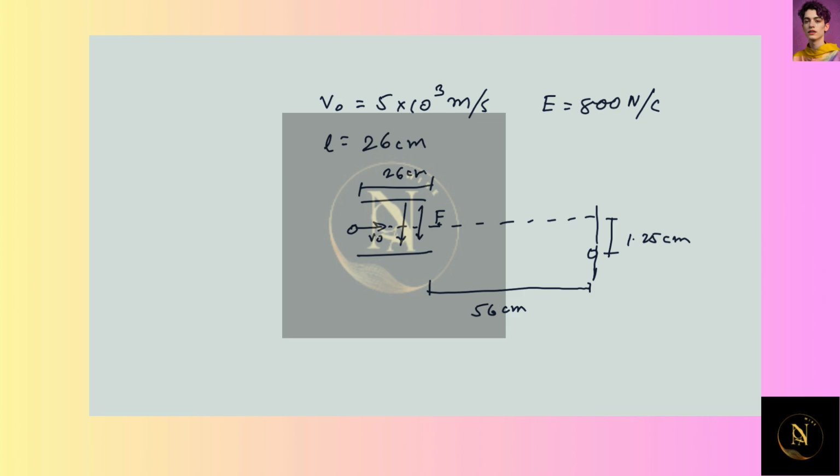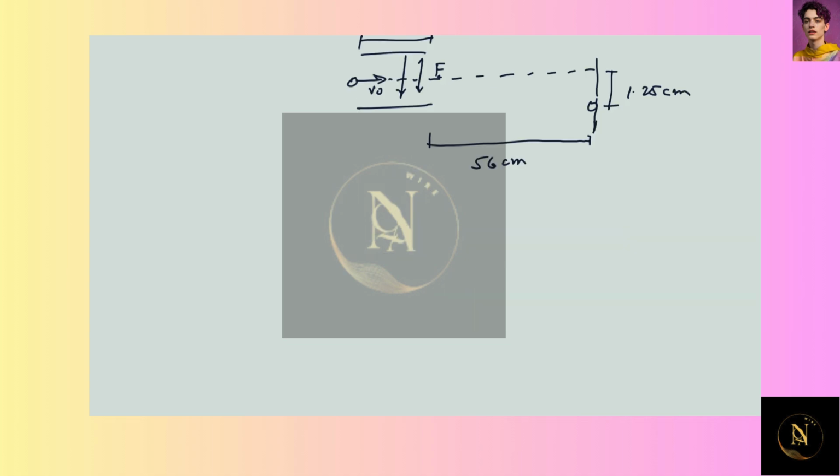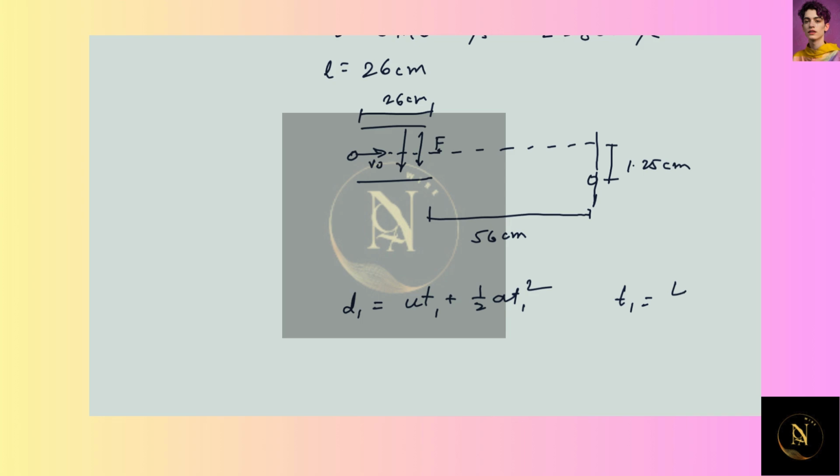Now what you can do is first calculate the deflection in the electric field. Let's say d1 is equal to, using the expression ut plus half at square, the expression of the deflection, and let's say this is t1. This t1 will be equal to L, the length of the plate, over the speed v naught.